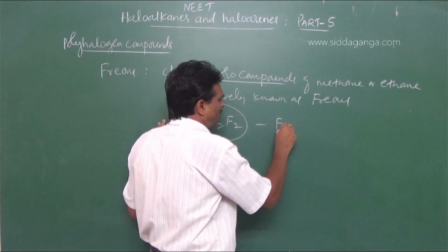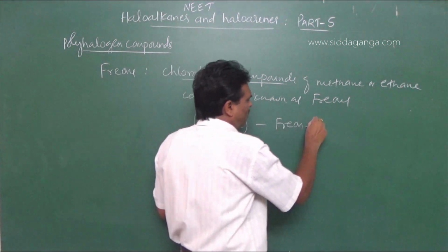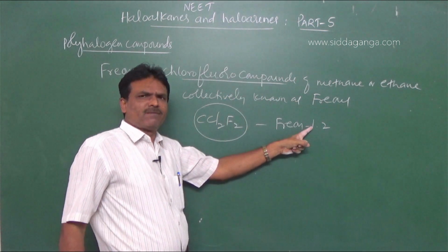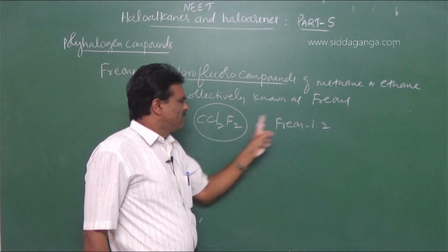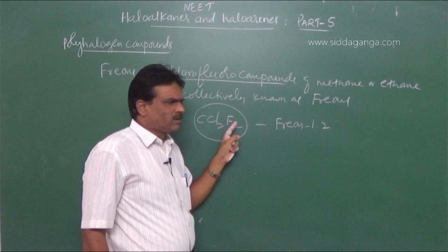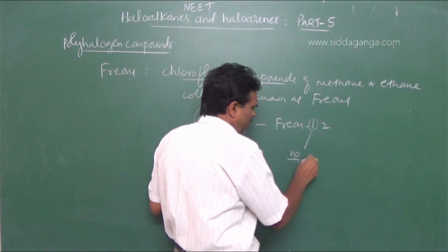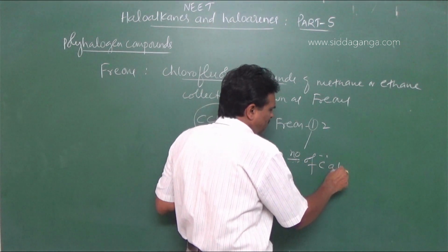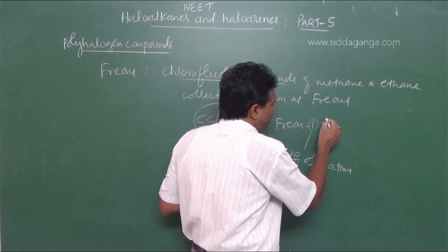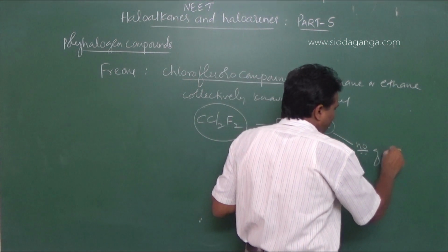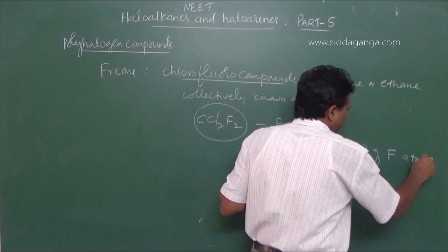This is called freon 1,2. This 1 represents the number of carbon atoms, 2 represents the number of fluorine atoms.